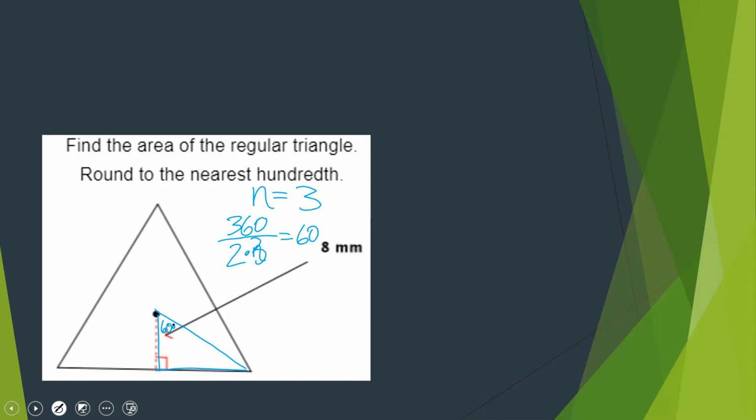We know our apothem is 8 millimeters. We need to solve for x. So we're going to have our tangent of 60 degrees equals opposite, which in this case is x, over adjacent, which in this case is 8.